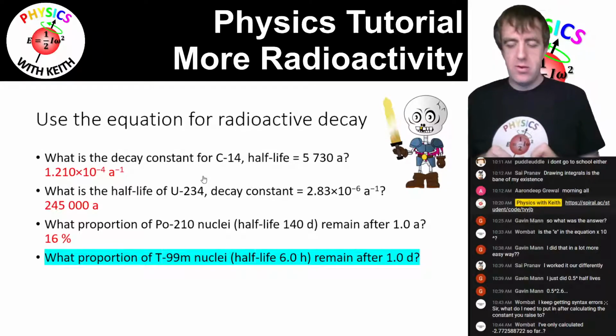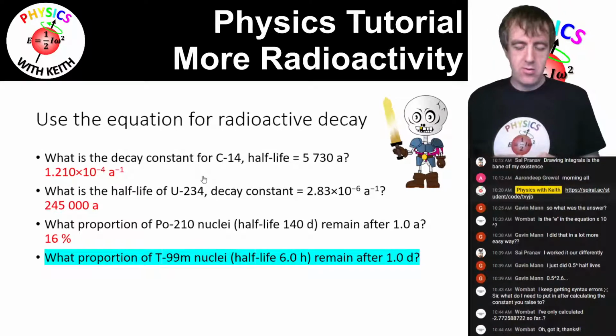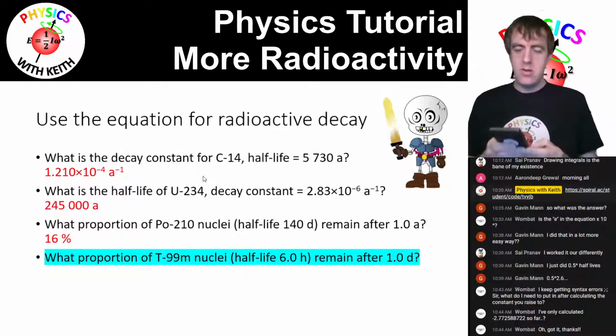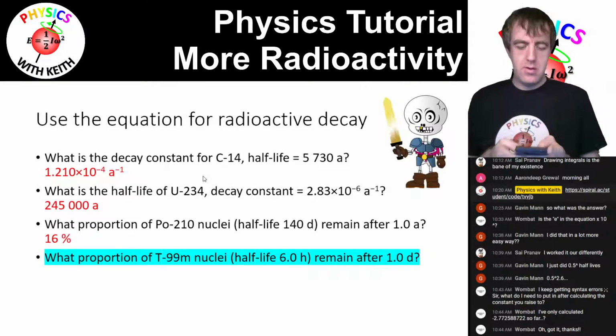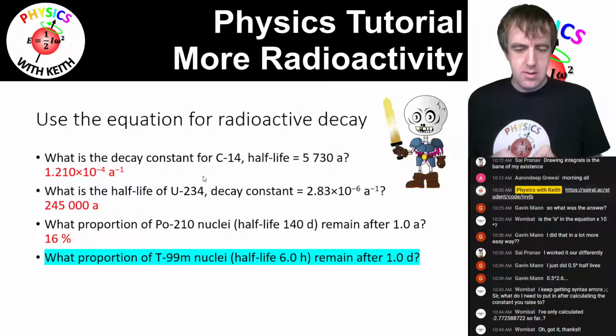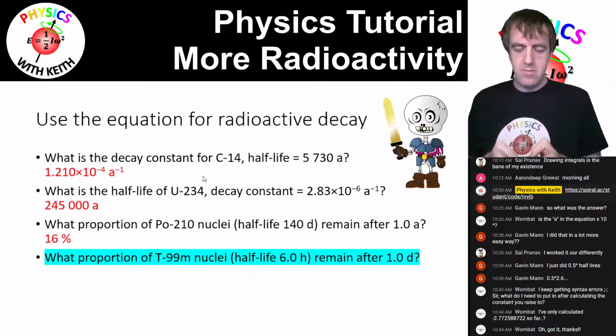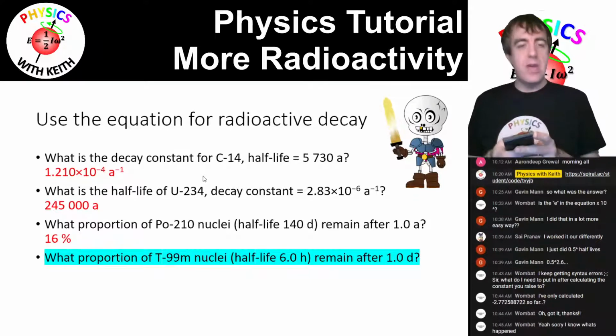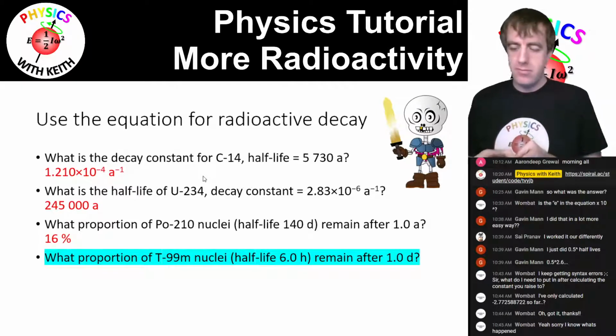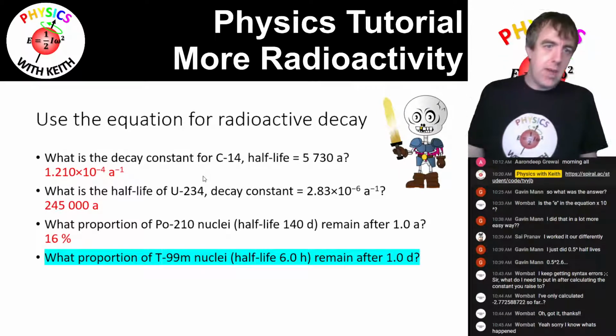So 6 hours underneath the natural log of 2 is that minus that. Oh, I see. Yeah. So you've now got that, so you need to do e to the power of that. Yeah. Well done.